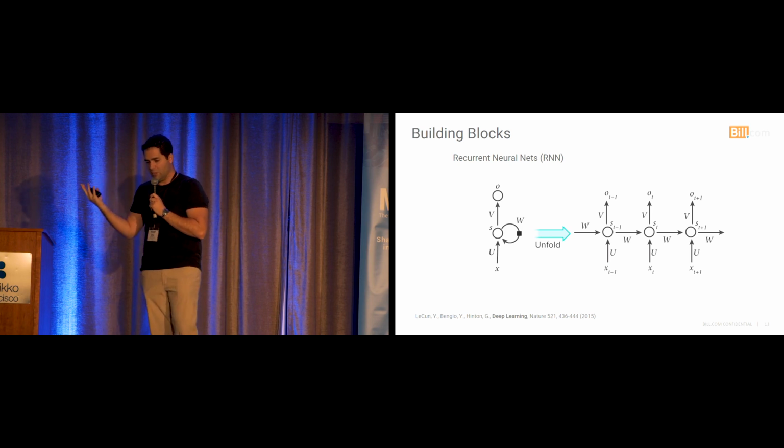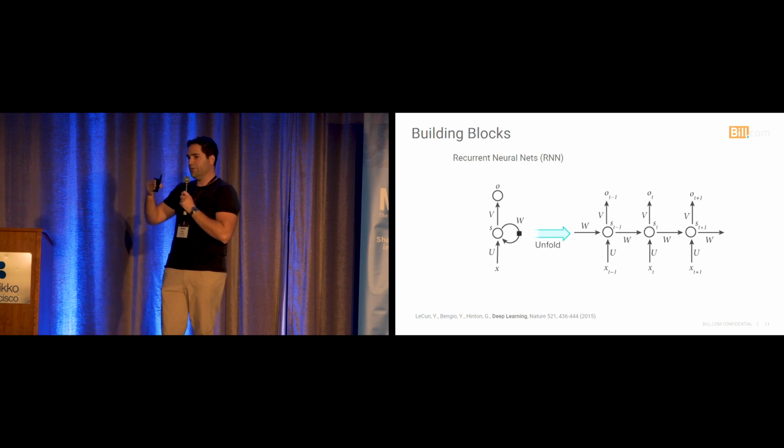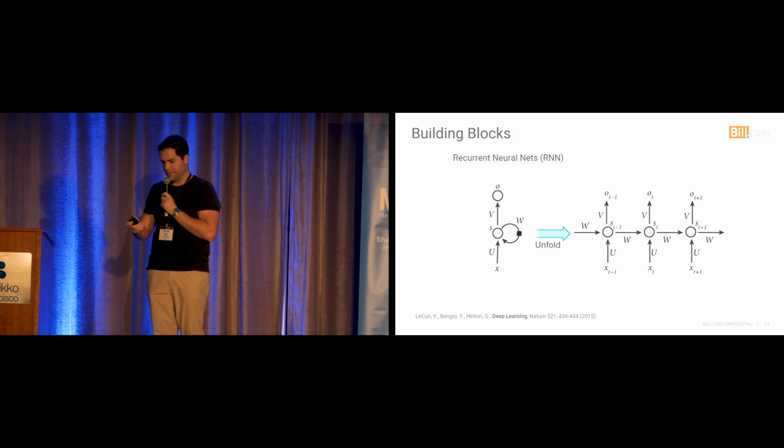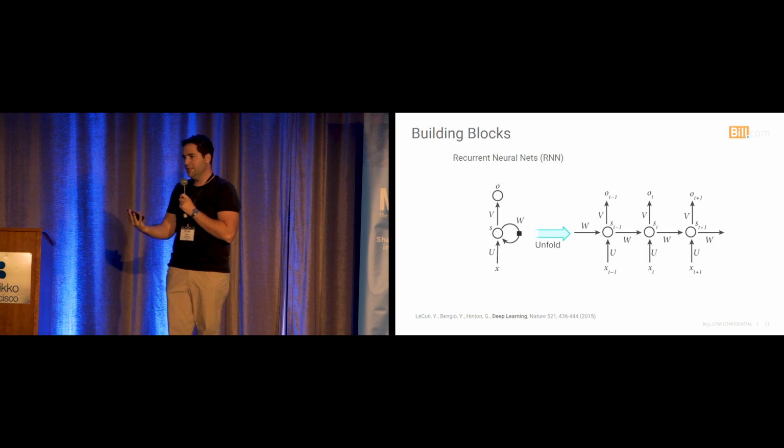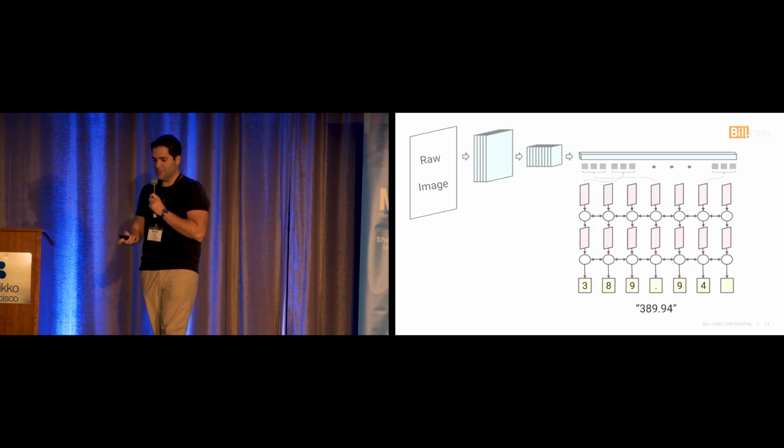Time being arbitrary. In our case, it's actually character steps, which I'll share in the next slide. But the idea is that the predictions from prior time steps or from future time steps, that information can flow into your existing prediction, which is incredibly important for text, especially character level text representations.